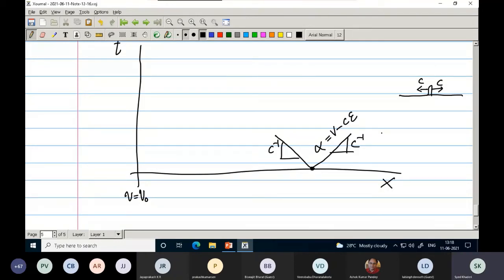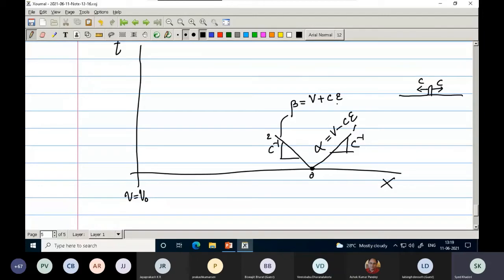Along line 2, the quantity which is constant is beta, and that is equal to V plus C epsilon. So at each and every point in space, you have these two quantities.